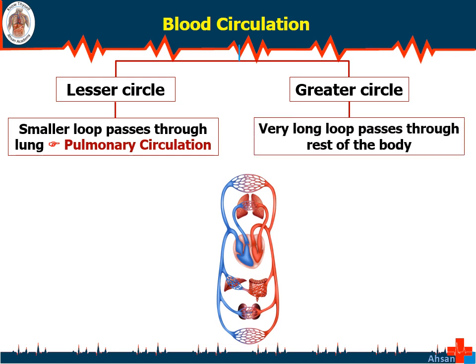The greater circle, this is a larger one, and this loop passes through the rest of the part of the body. Also it includes the lung.